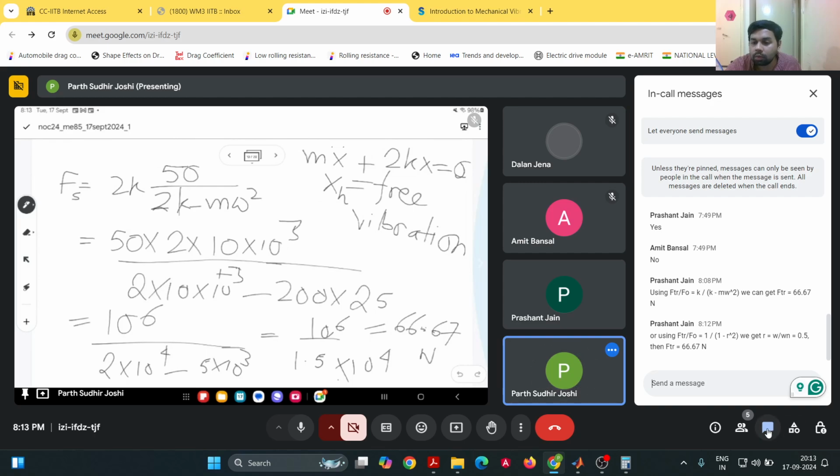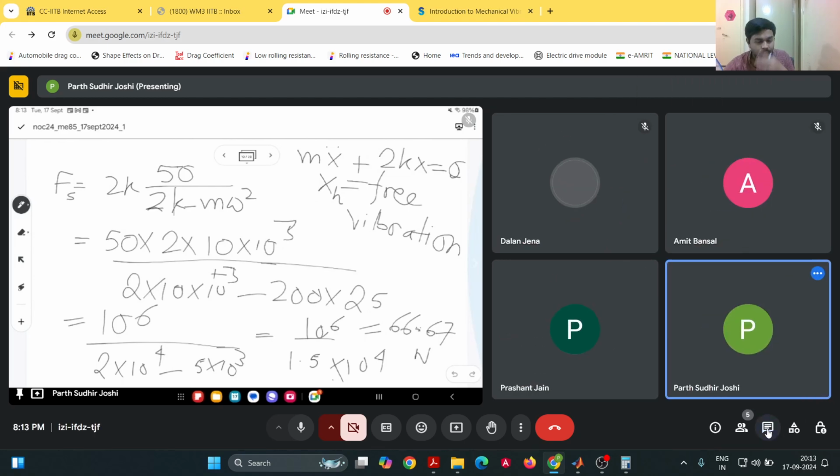Okay, so let me check once again. I think these methods are equivalent. There is nothing fundamentally different in whatever we are doing, so we should actually get the same answer.